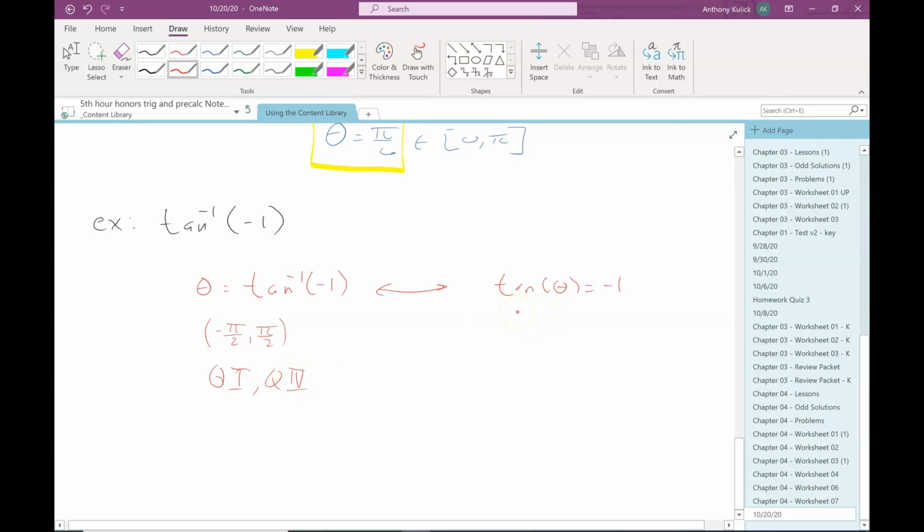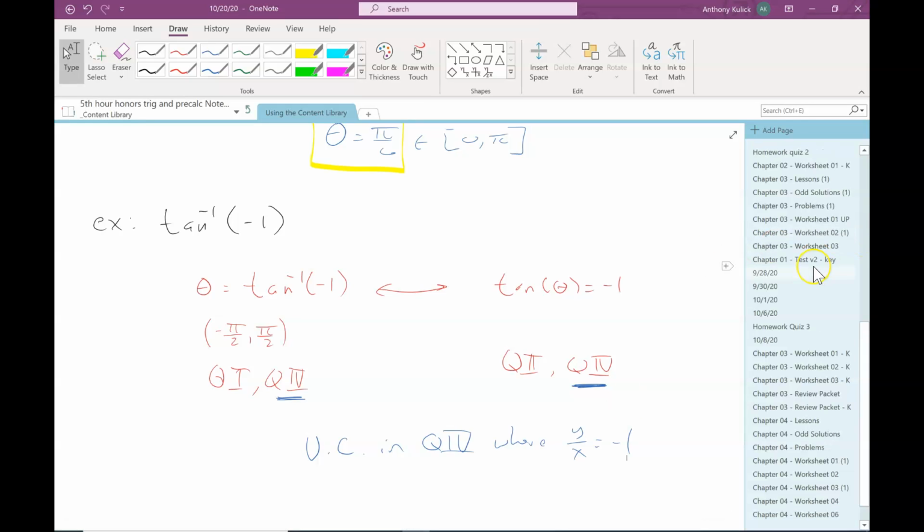And tangent is negative in quadrants 2 and quadrant 4. So I'm going to go to the unit circle in quadrant 4, where y over x is equal to -1.